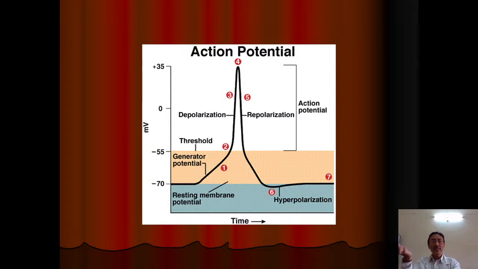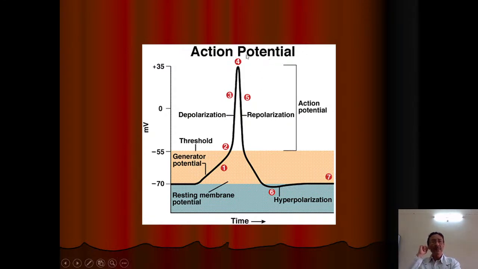This phase from the threshold potential to plus 35 is called the phase of depolarization.